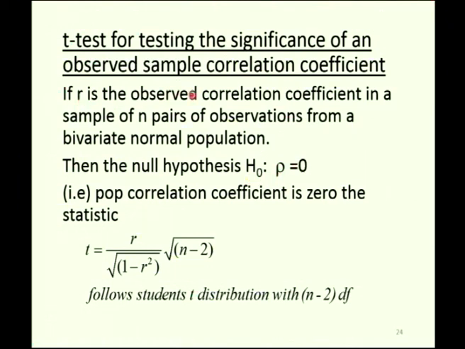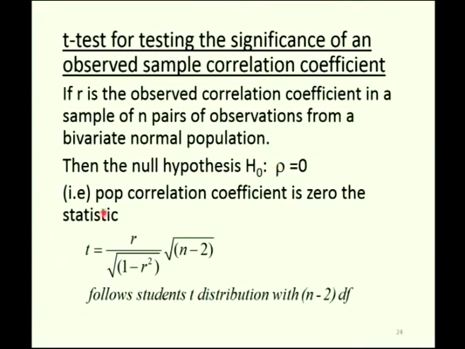R represents sample correlation coefficient, whereas rho represents population correlation coefficient. We always take H naught as rho is equal to 0, that is, the population correlation coefficient is 0. It means the population is uncorrelated.